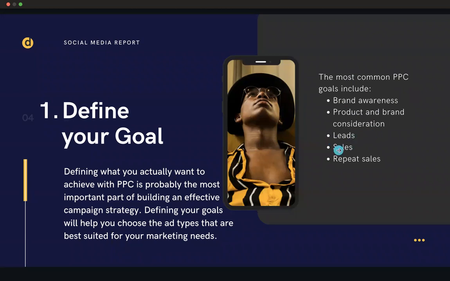Or you want to make actual sales, where when there is a click, a sale happens. Or you have already made sales, but you want your customers to come back. That is what repeat sales means. We are going to discuss each of these in depth and let you know which of the Facebook goals suits these 5 groups.